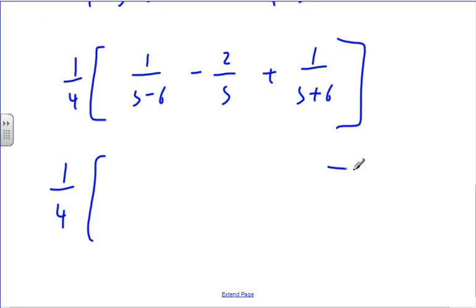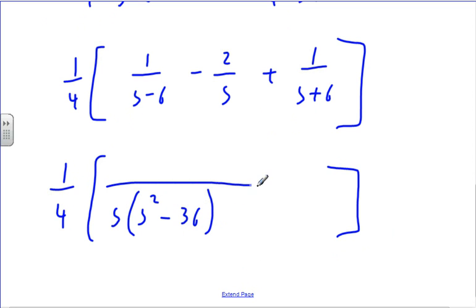Okay, so 1/4. My common denominator is s squared minus 36 times s. And on top, I've got s squared plus 6s, s squared minus 6s.